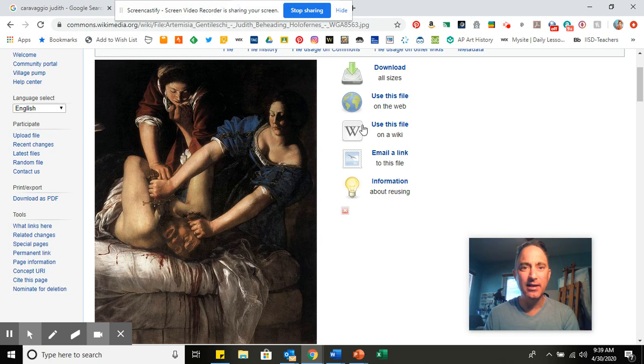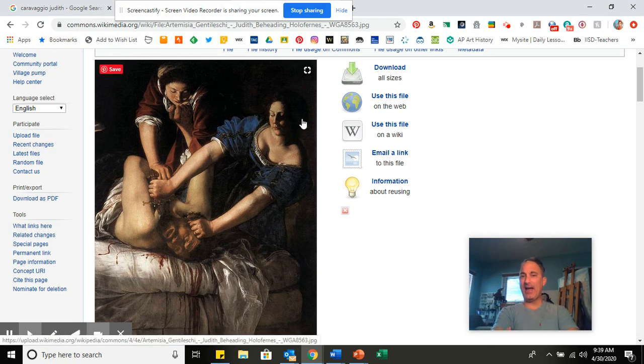But whereas in the other images the woman Judith seems kind of passive, almost blasé, Artemisia Gentileschi's Judith is very much aware. She's very much not passive. She's very much active emotionally, psychologically in the image.